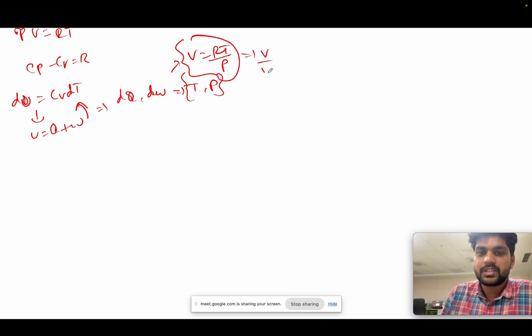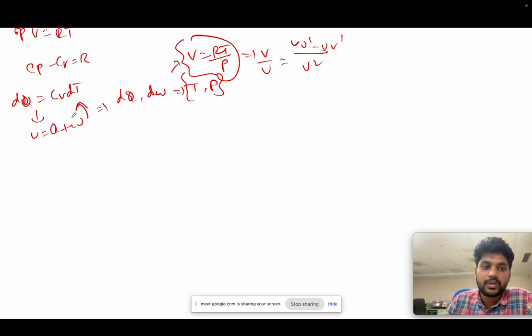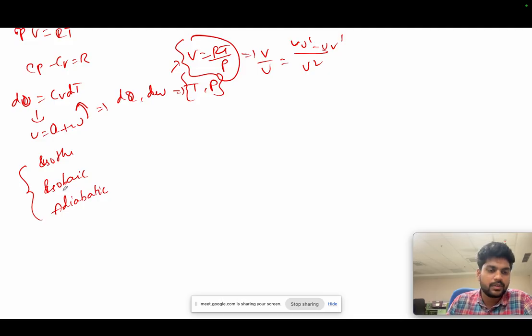By using the differentiation formula you get this. You understand this concept, right? So how the isothermal is changing, isobaric is changing, adiabatic is changing. I think it is in the week 1 slides, if I'm not wrong.